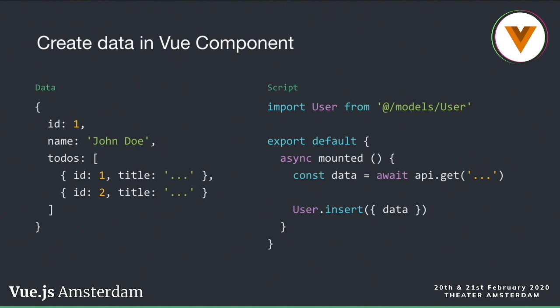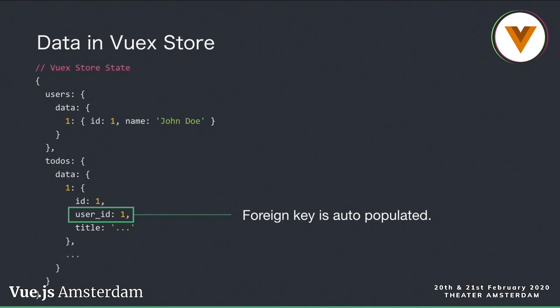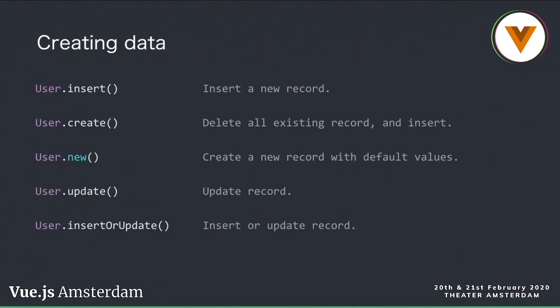It didn't have user ID, but it's automatically populated for you, so you can be safe, just insert server-side data, and you still get the relationships working afterwards. And we have many different types of creating methods. So we have insert, create, new, and these act a little bit differently, but I'm not going through everything here. There's good documentation, so if you're curious, you can check them out.